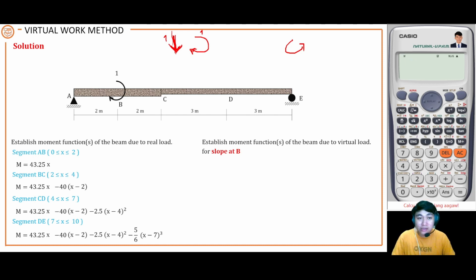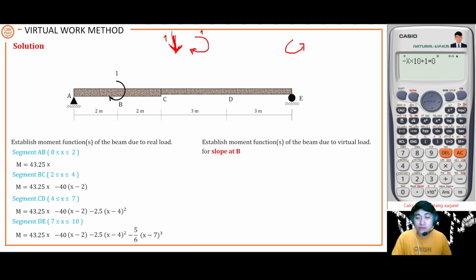Technically, it will be downward, since this is clockwise about point E, so you need a downward reaction at A. So negative x times the distance, which is 10, plus a clockwise moment, equals 0.